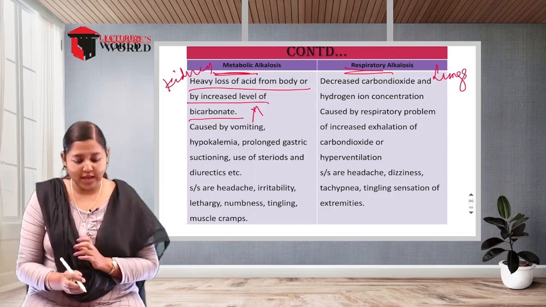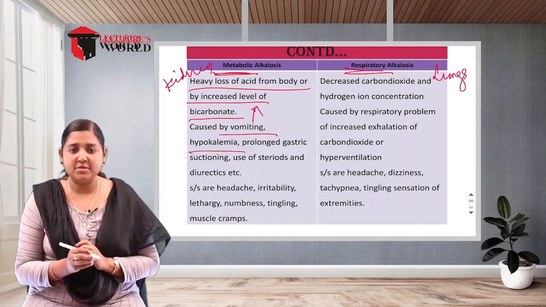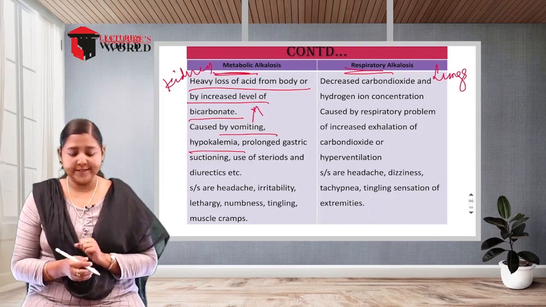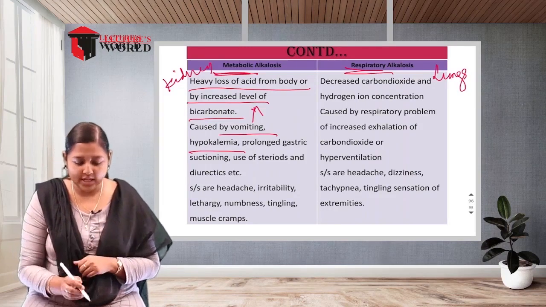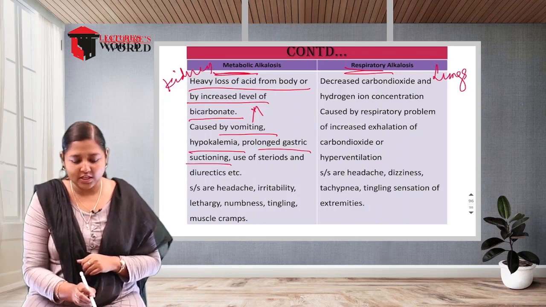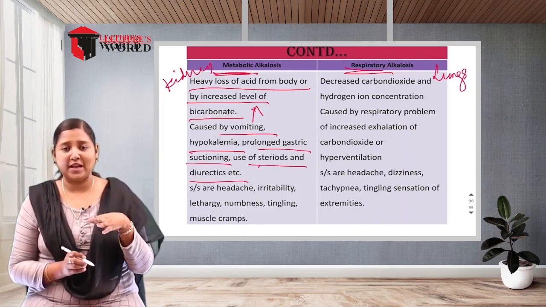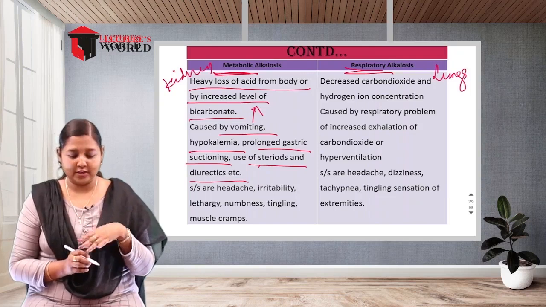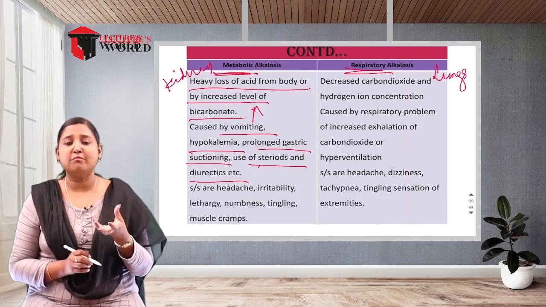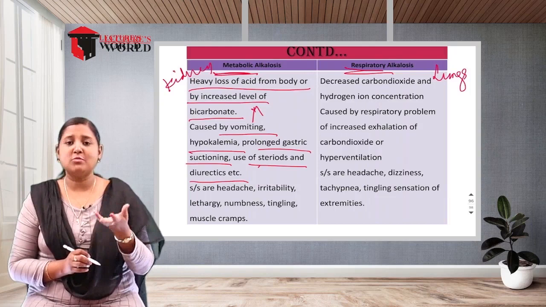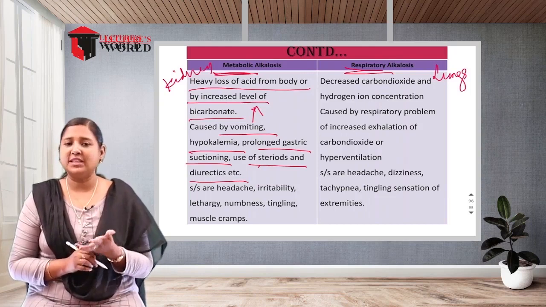This can also happen by vomiting. Hypokalemia means a low potassium level in the body, and because of gastric suctioning, use of steroids and diuretics, the kidney is excreting too much phosphate. So what happens? There won't be binding of base with the phosphate. Phosphate has to be bound with the bicarbonates, but that cannot happen.